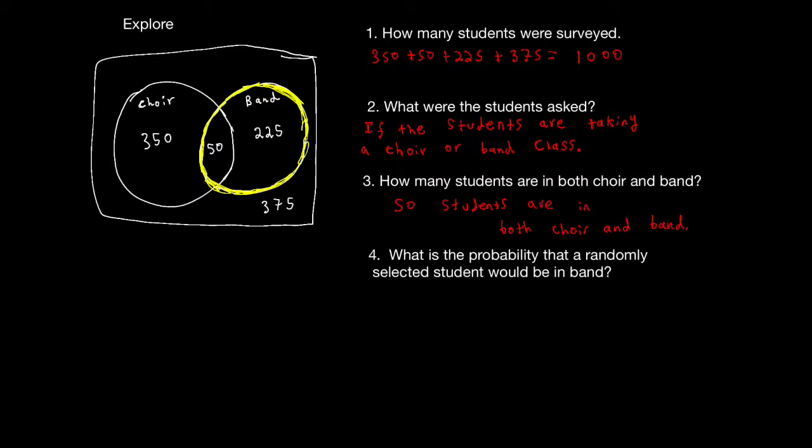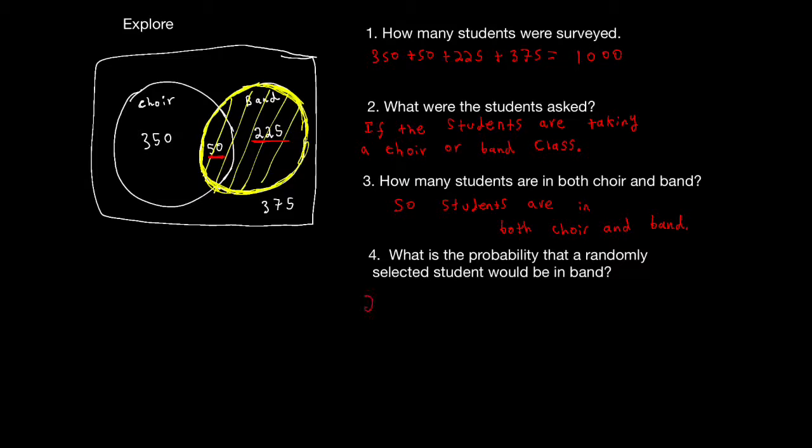Once I circle this in, or let me be more specific and shade it as well, you can see that two numbers are encapsulated inside this circle, the 225 as well as the 50. Let's begin by counting the number of students that are in the band.